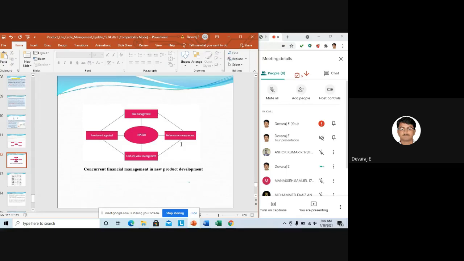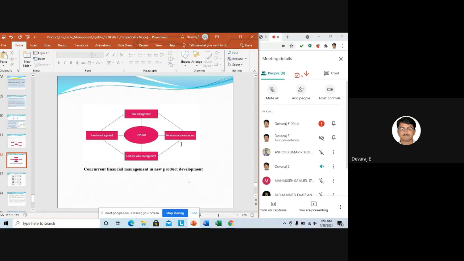The company will always be under risk because they don't know whether the product will succeed in the market or not. If they get success, they will get more revenue. If the product fails, then the company will lose a huge amount or huge cost.